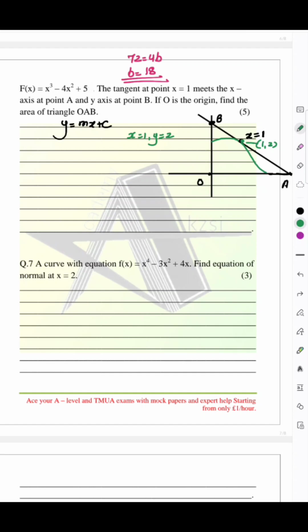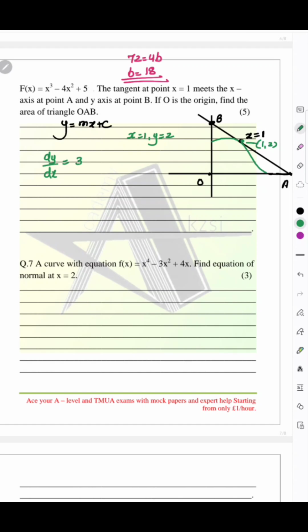Geometrically, if I want to calculate the gradient at a particular point on a curve, I have to draw a tangent and find its gradient. That means the gradient at this point is the same as the tangent's. So we have to find the derivative function, or the gradient function, of this.